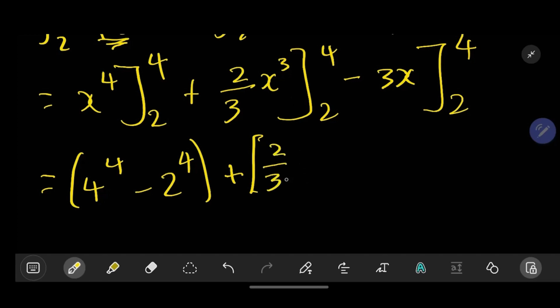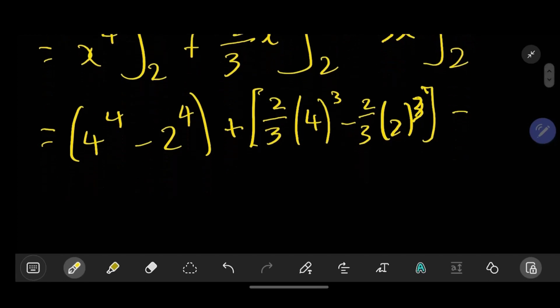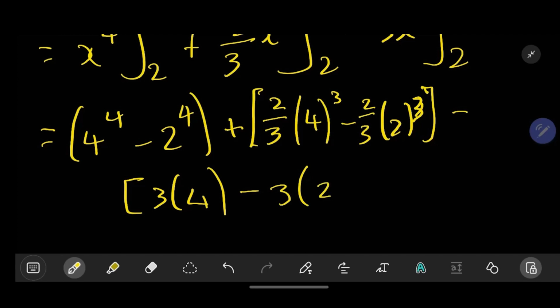Our x will now be 4, so that will be multiplied by 4 cubed, minus 2 over 3, and we're going to substitute the 2 in there, so we're going to have here 2 cubed. Okay, minus, I'm just going to go to the next line, we're going to say minus 3 into 4 minus 3 into 2.